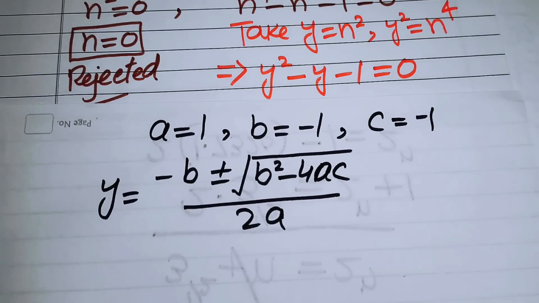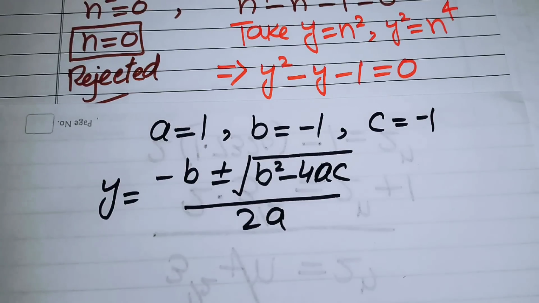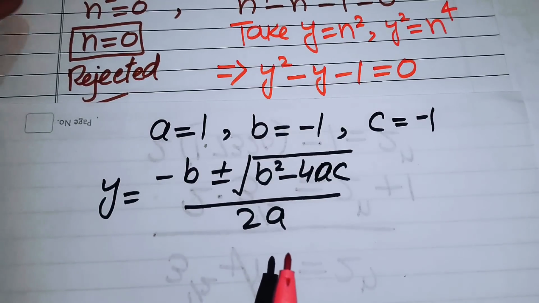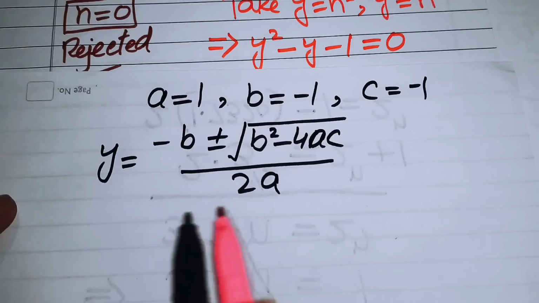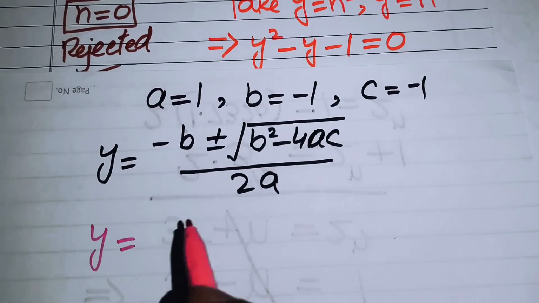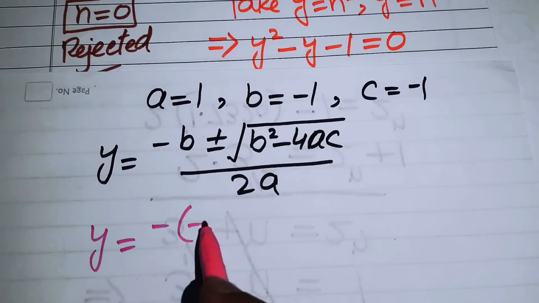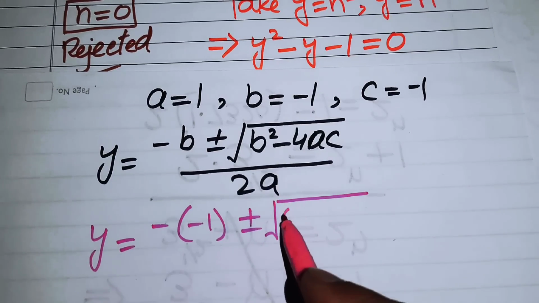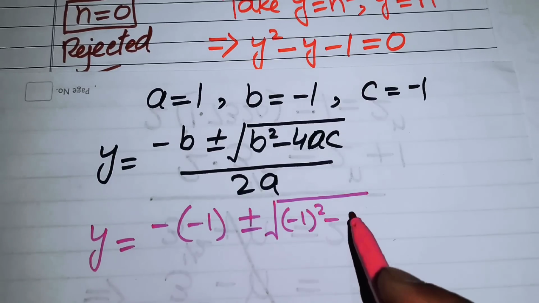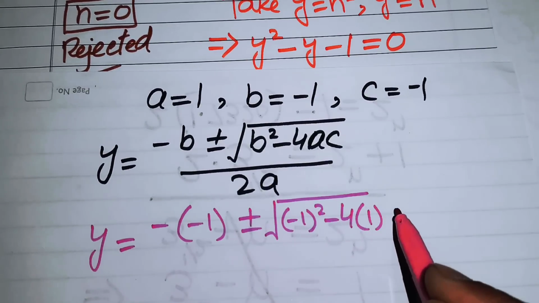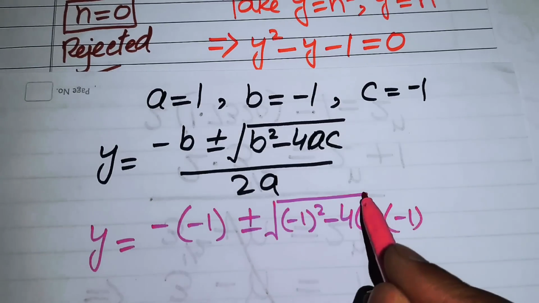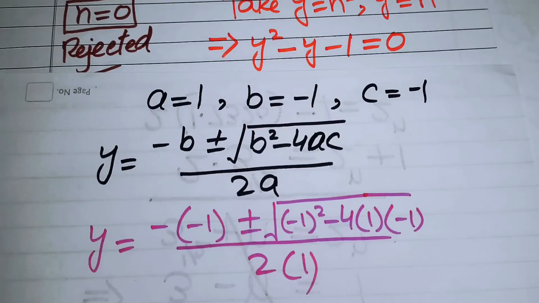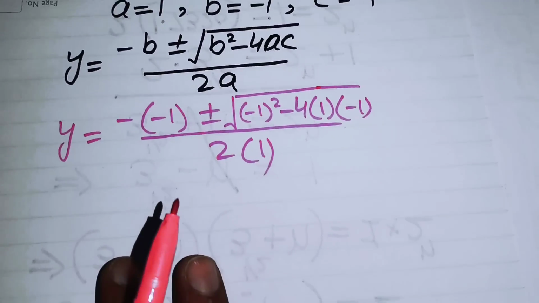And now in the next step we will put all the values of a, b and c in this formula, and we will get its output in this form. We have y equals minus of minus 1 plus minus square root of b squared. The value of b is minus 1 squared, minus 4 times a is 1, and c is minus 1, and this whole over 2 times a, and the value of a is 1.